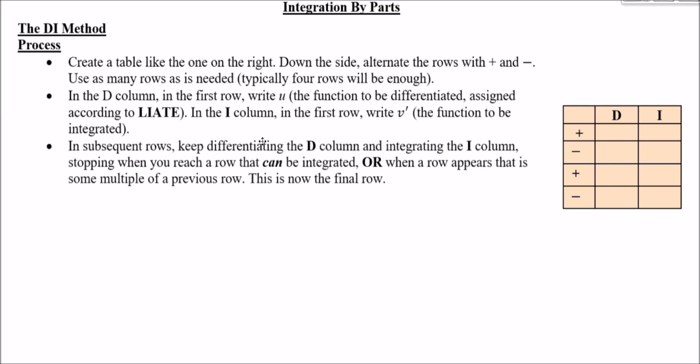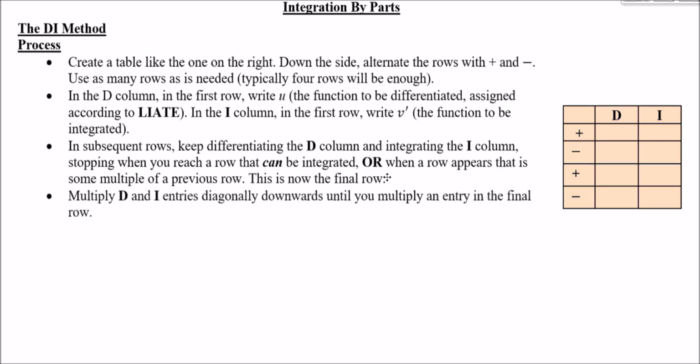In the next rows, we keep differentiating the D column and keep integrating the I column entries, stopping only when we reach a row that can be integrated, or when you see a row appear that is some multiple of a previous row. If either of those happens, that will be your final row, and you don't need to go any further down this table.